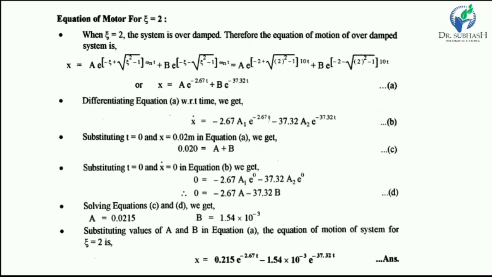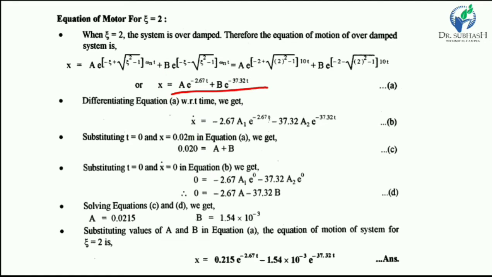Now to find the values of the arbitrary constants A and B, first we must have the velocity. This displacement is differentiated with respect to time and we get the velocity, we know that.